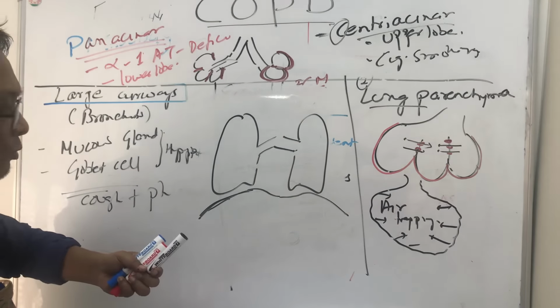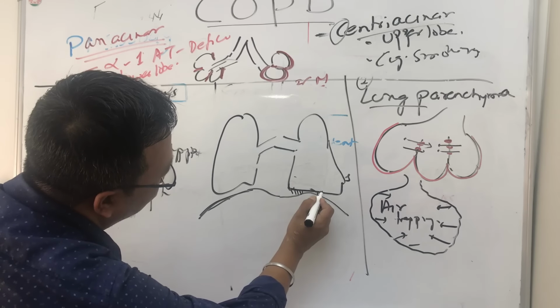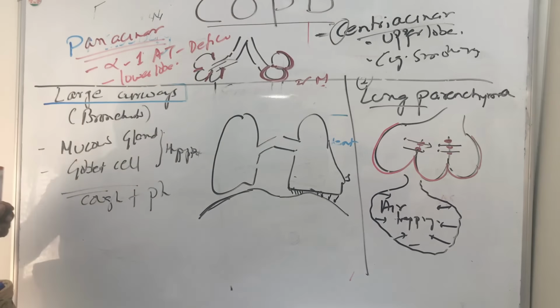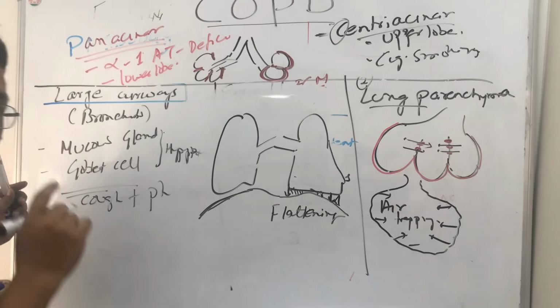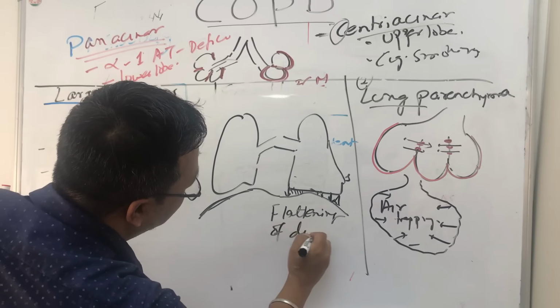This is the normal lung, and let's say this is the affected lung. It is hyperinflated now, because lots of air is inside. So what will happen here? It will make the diaphragm flat. Because of the pressure, there is flattening of the diaphragm, which is an important radiological feature in COPD, flattening of the diaphragm.